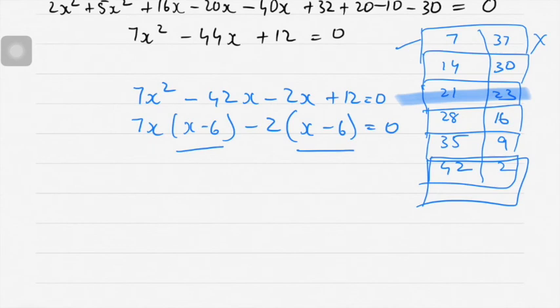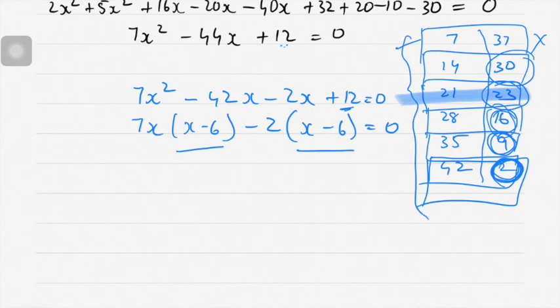Okay. So actually what I am doing is I have to see that the whole number I have to take as common. So 2 is the only number which can be taken out from 12. 9 cannot be taken out from 12. 16 cannot be taken out from 12. 23 cannot be taken out. So you have to find a number which is a factor of 12. Okay, you don't need to check each and every combination.